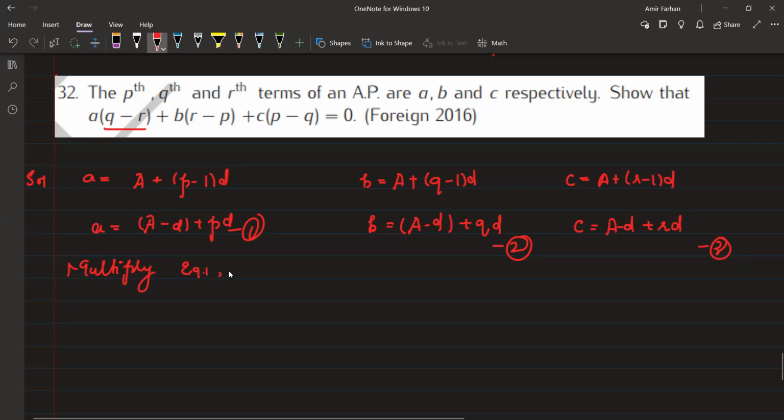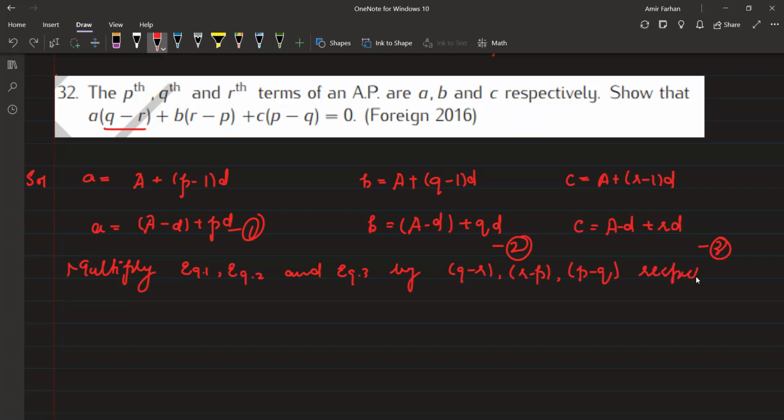So what I will do is multiply equation 1, equation 2, and equation 3 by q minus r, respectively r minus p and p minus q, and add all the equations 1, 2, 3. We will add them after multiplying all of them. So put the values here, Zainab.